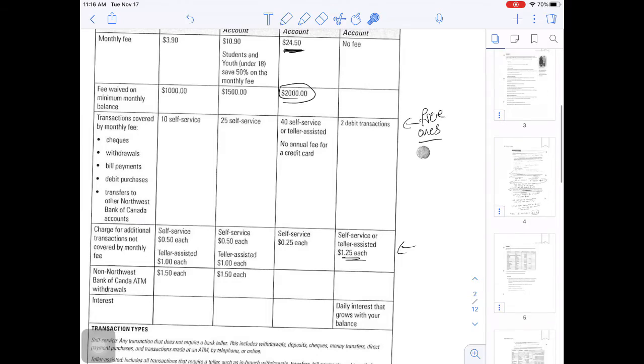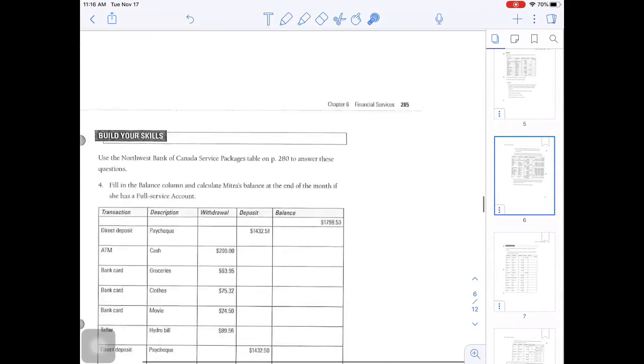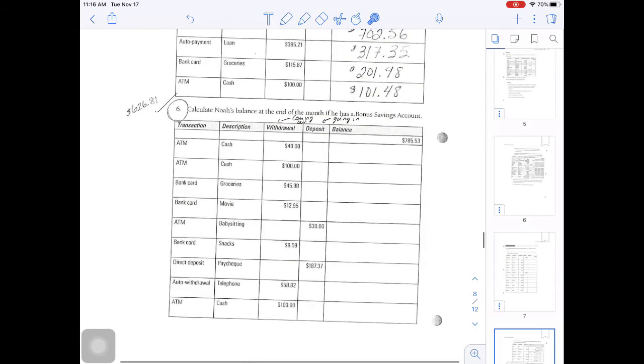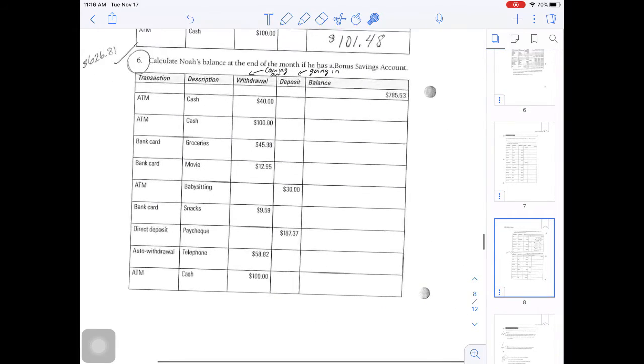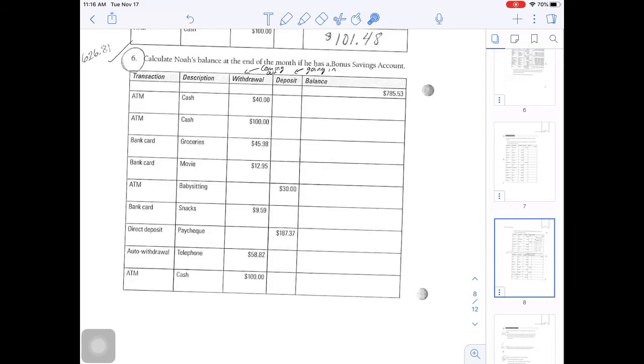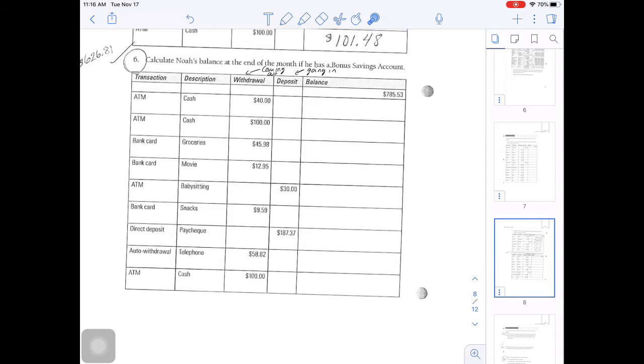Okay, so let's go back here. Let's find number 6. Where are we? Okay, it's on page 8, right? So if we look here, this is going to be free. The first 2 are free. First 2 transactions, free.